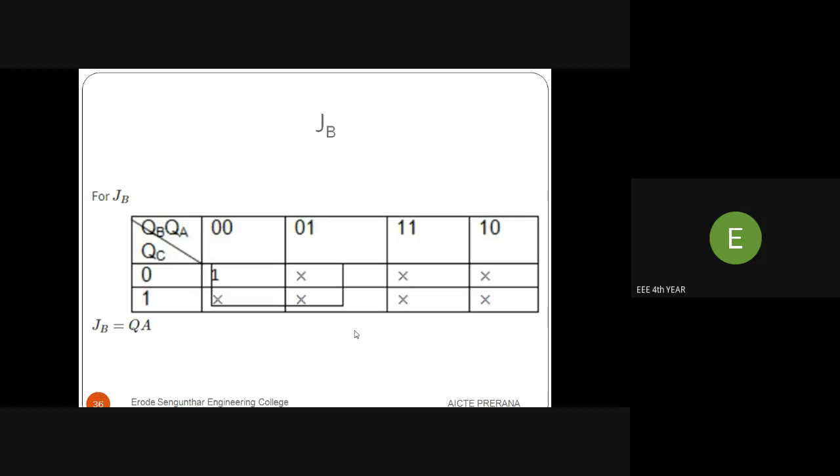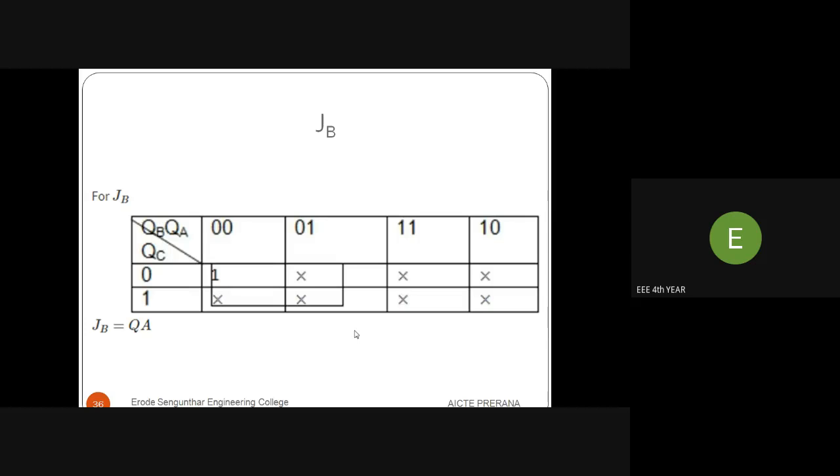What's the common? QC is equal to QC. See here, comparing both columns, we are obtaining QB as common in this row.